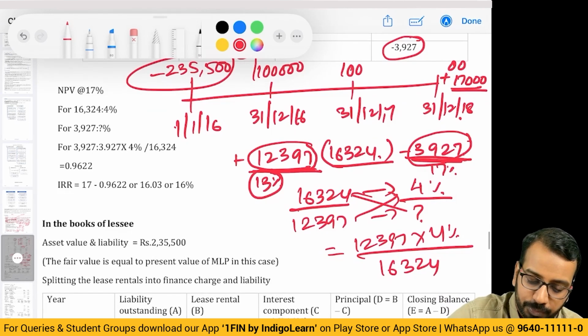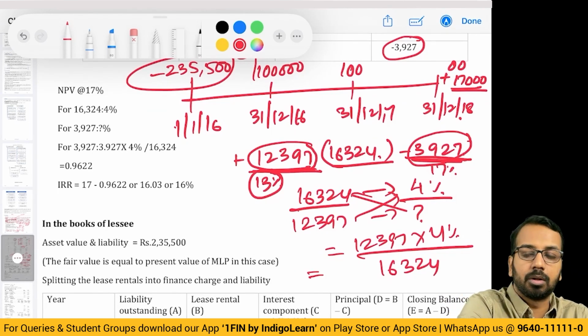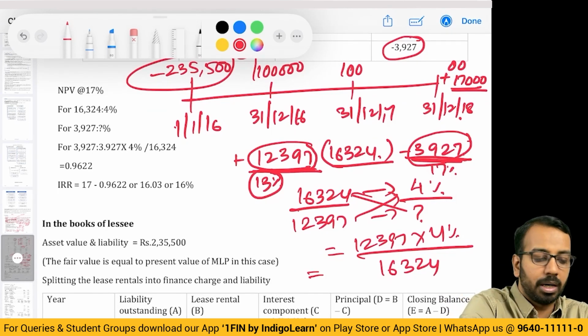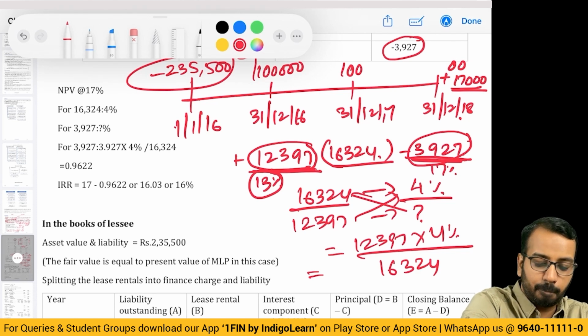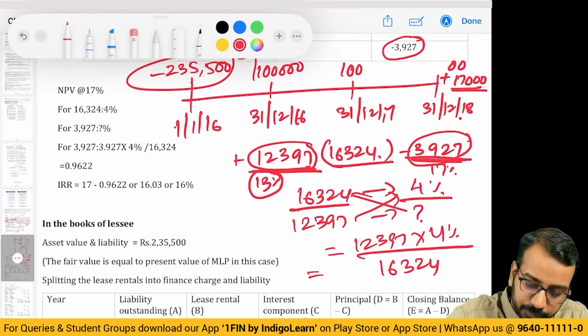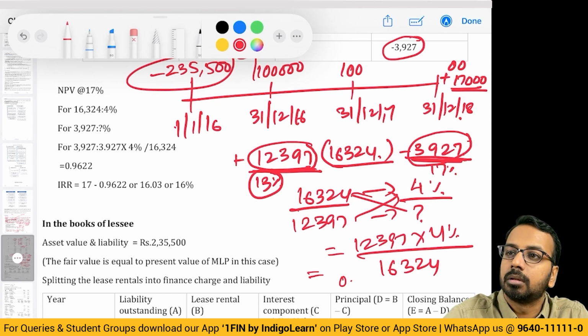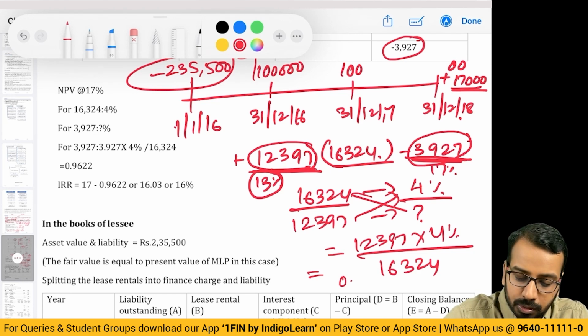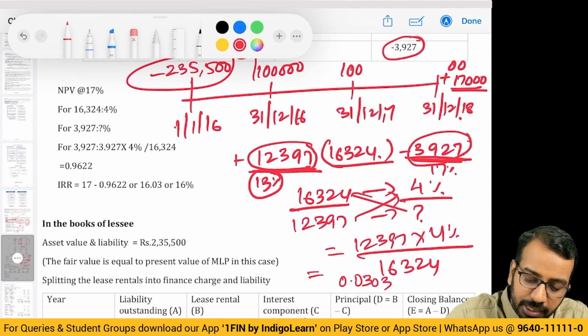Okay, so that will be equal to 12,397 into 4% divided by 16,324, that is 0.03. 0.0303, that is approximately equal to 3%.